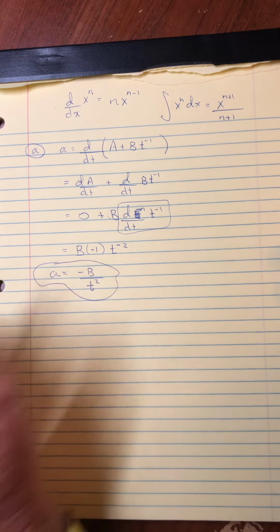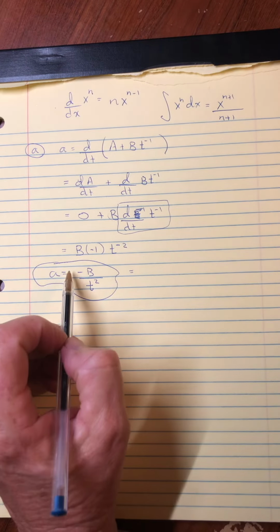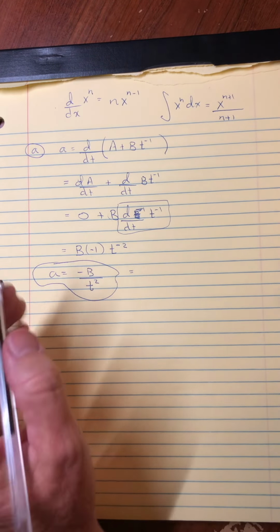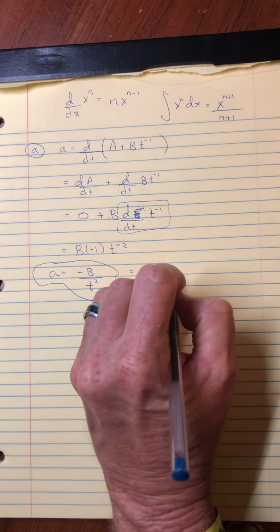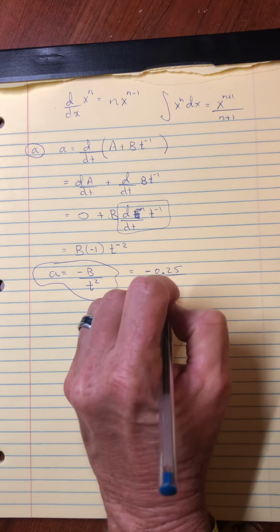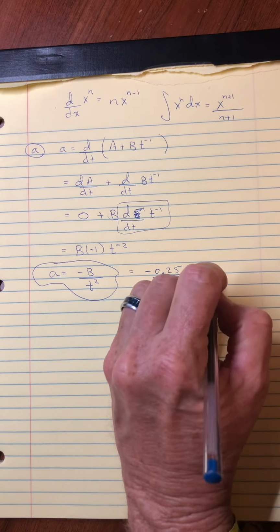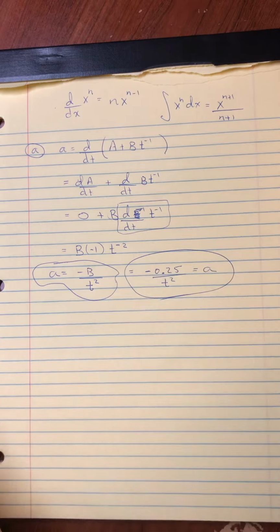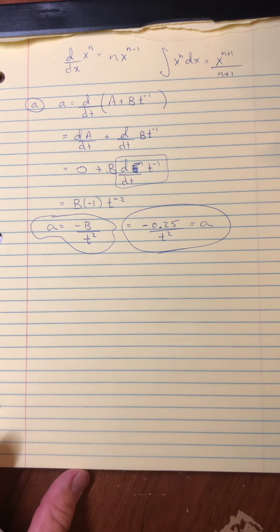And so here would be the equation. I suppose I can do one more step because they did tell me the value of b. And so -0.025 over t squared equals a. Okay, so there's the mathematical equation that they're asking for.